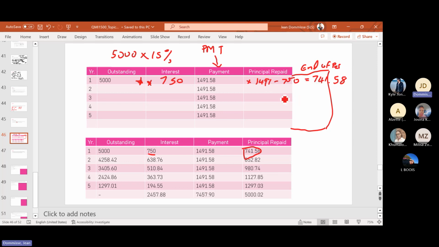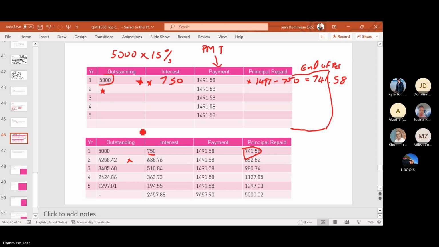What will happen is you can say the outstanding minus that principal repaid will be your new outstanding amount. So you can see 5,000 Rand minus the 741.58 will give you your new 4258.42.